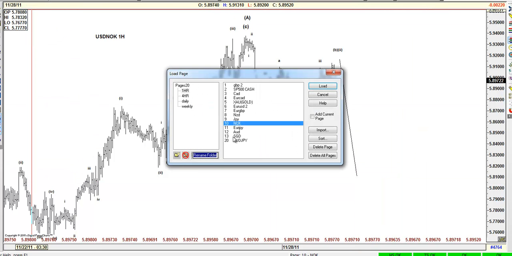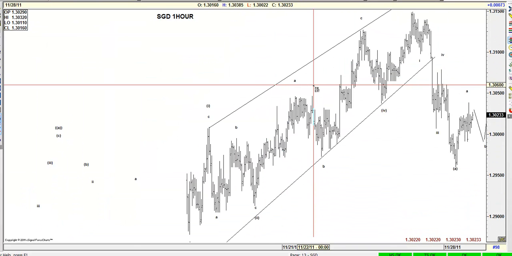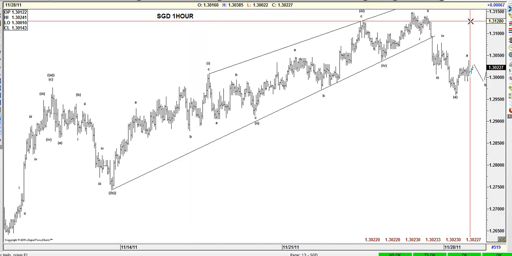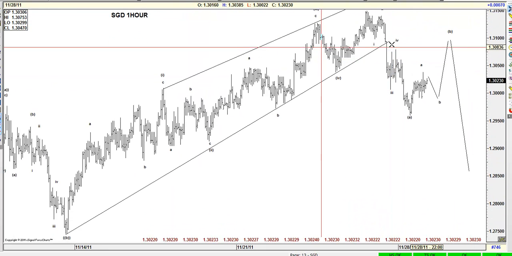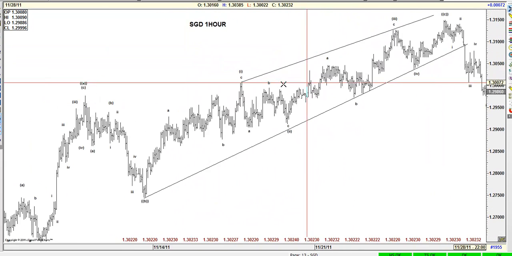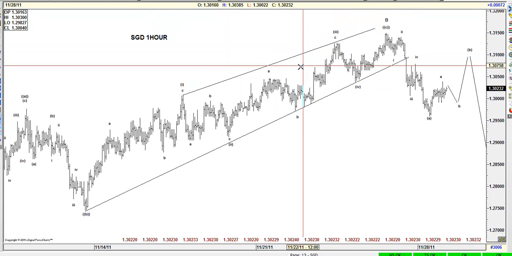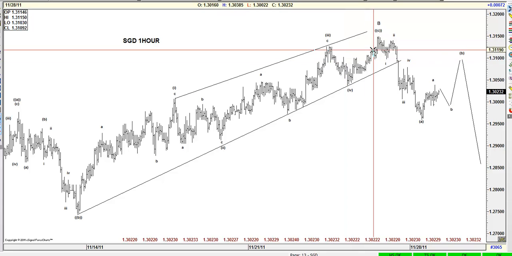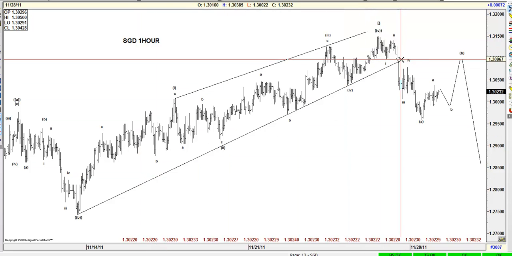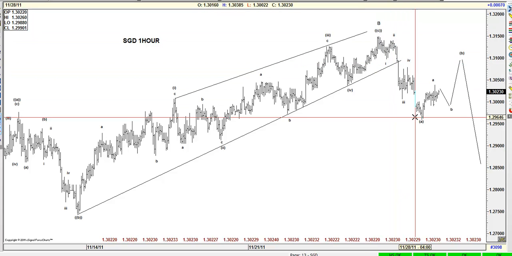Now, let's keep moving to the other US dollar pairs. We're going to see now the Singapore dollar. The Singapore dollar was going out in a very nice channel. It broke below the channel in 5 waves: 1, 2, 3, 4, 5.